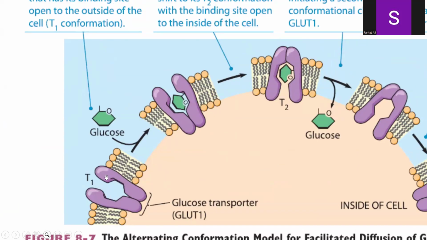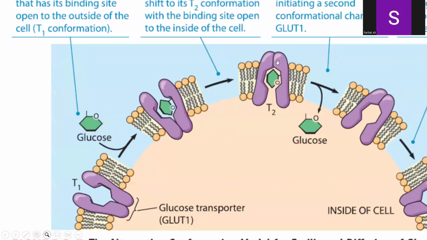If you compare T1 and T2, in case of T1, the transporter is open to receive a glucose molecule from the outside. So glucose will bind here, and binding of glucose to the transporter would produce a change in the structure, as a result of which it will transition to this conformation called T2.